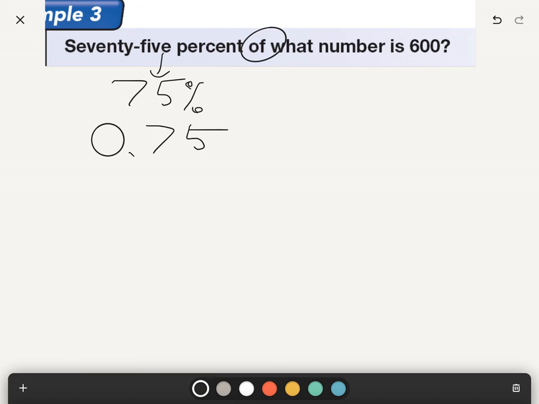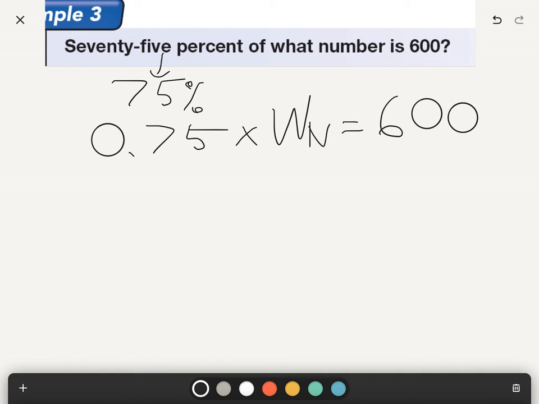Then of times what number is 75%. You can write this as a step, and then write the decimal as your next step. No biggie. But we do need to convert that to a decimal to work with it in the equation.